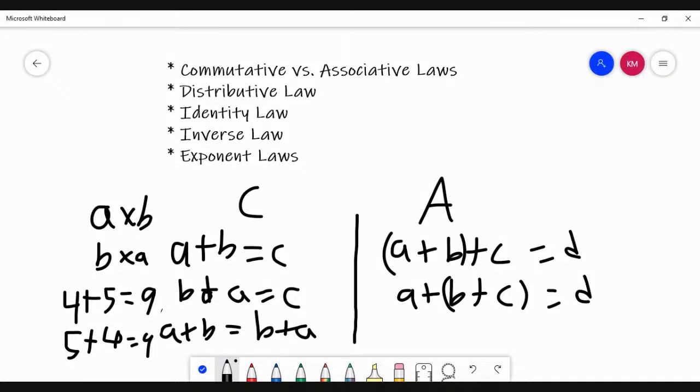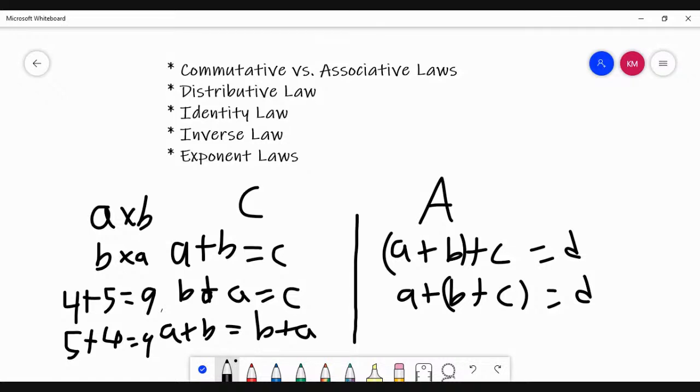Also, A plus B, you would add A plus B together and then add it to C, or you could add B plus C together and then add it to A. But either way, the parentheses are shifted. Once those numbers are shifted from either the first two numbers or the last two numbers, your answer will still become the exact same number.